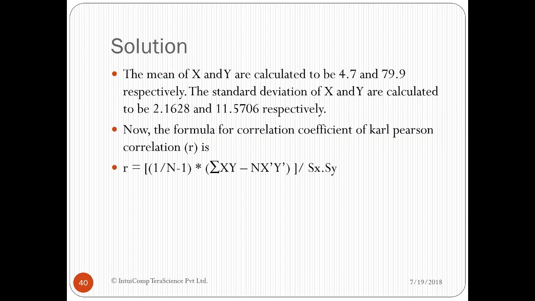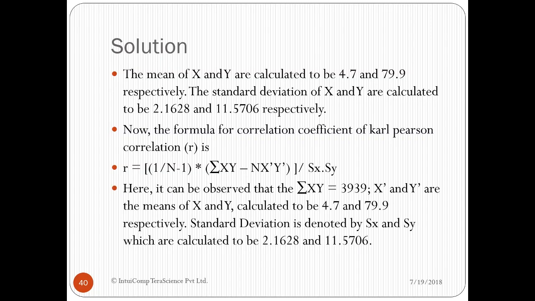Now the formula for the Karl-Pearson correlation coefficient R is equal to (1/(n-1)) multiplied by (summation xy minus n multiplied by x' y') entirely divided by sx multiplied by sy. Here it can be observed that summation of xy is 3939, x' y' are the means of x and y, calculated to be 4.7 and 79.9 respectively.